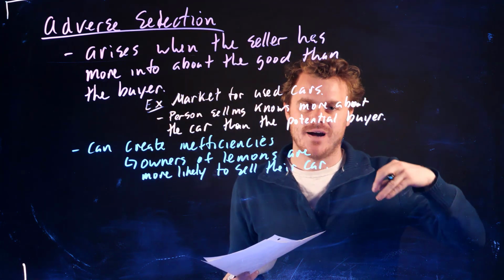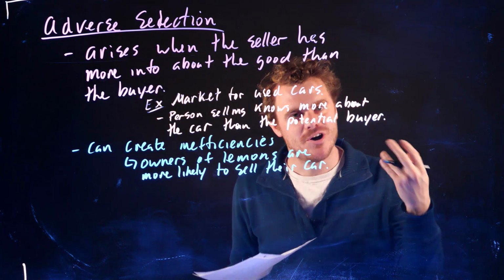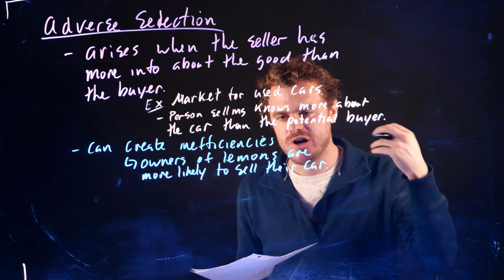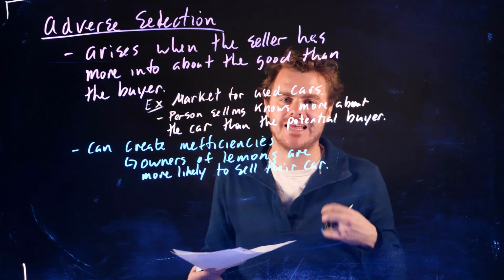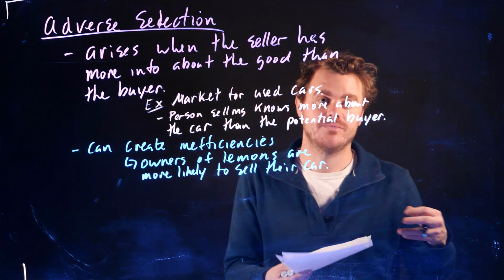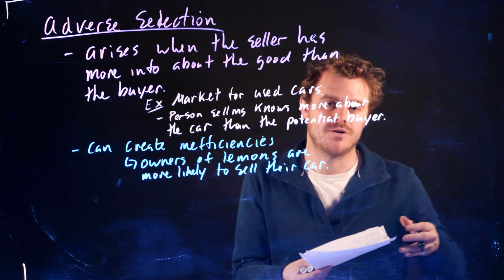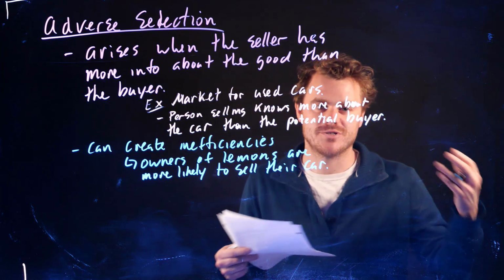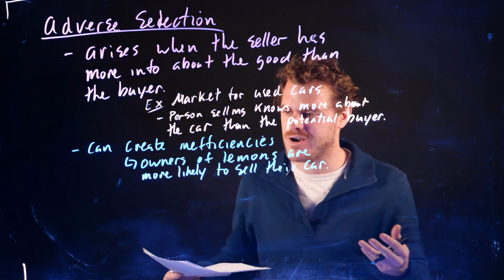But that means potential buyers know this, right? They know that on average there are likely more lemons on a used car lot than there are non-lemons, in relation to the percentage of lemons in all the cars.